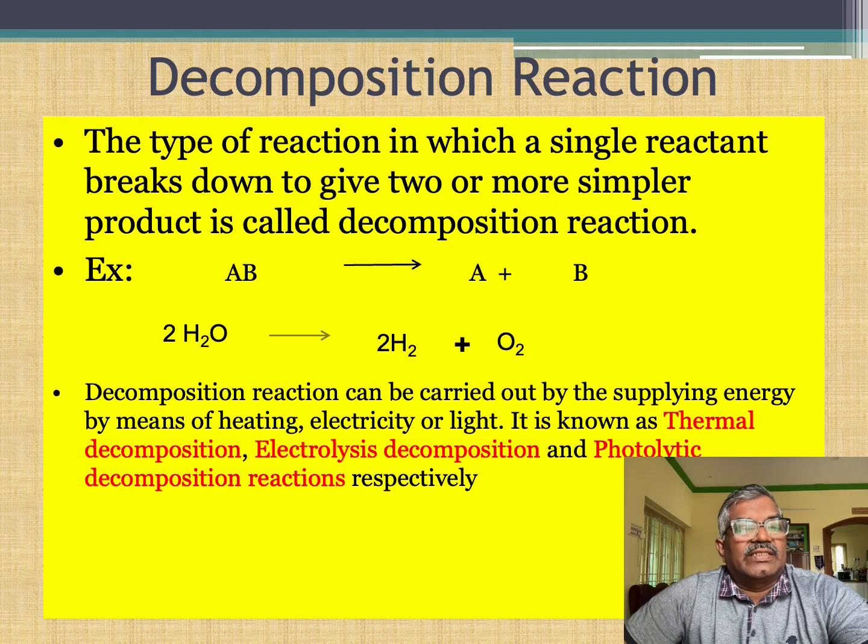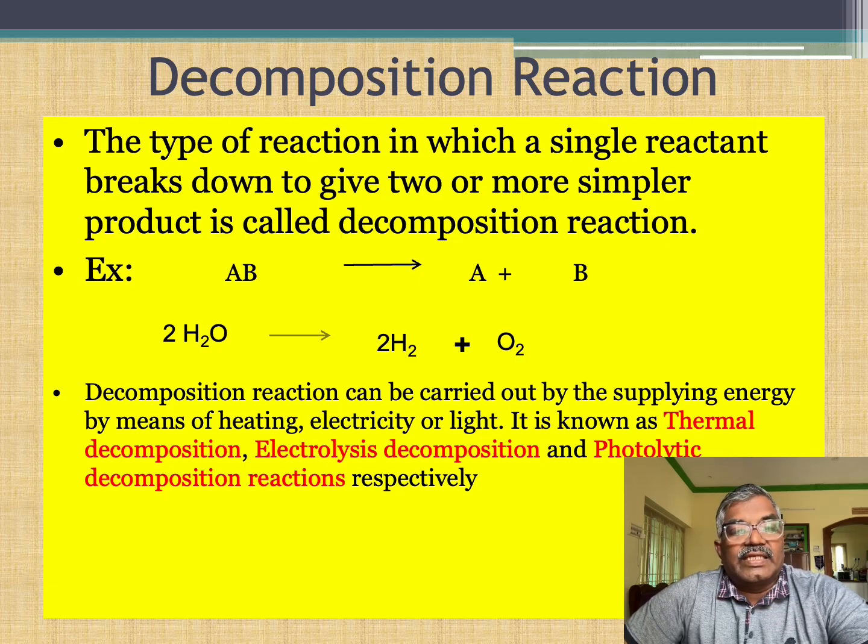That is given in the slide, H2O. If you pass electric current, what will happen? It will split into hydrogen as well as oxygen. That is electrolysis decomposition reaction. And photolytic, you know that photo means light.